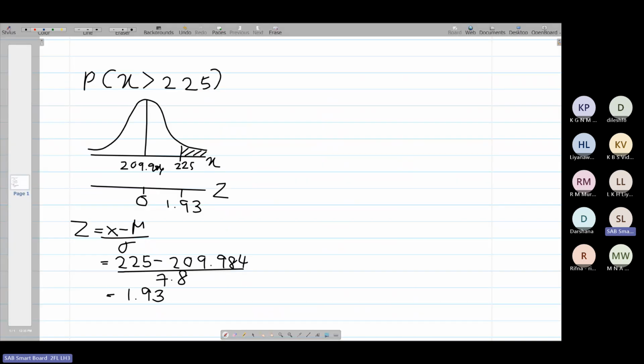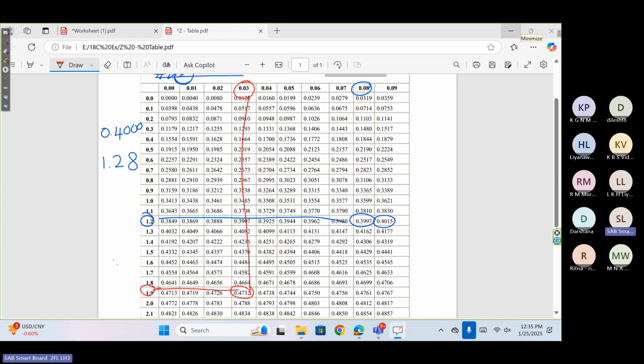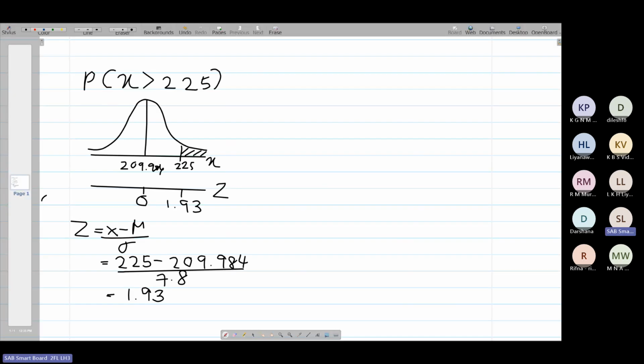We need to remember that this is the probability we got, 0.4732. It gives the area from 0 to 1.93. Understood?